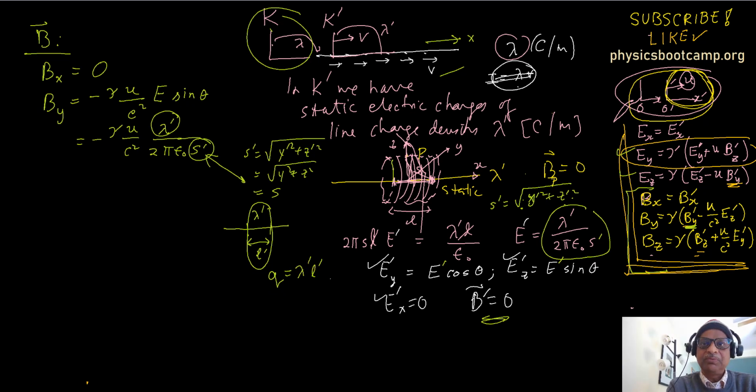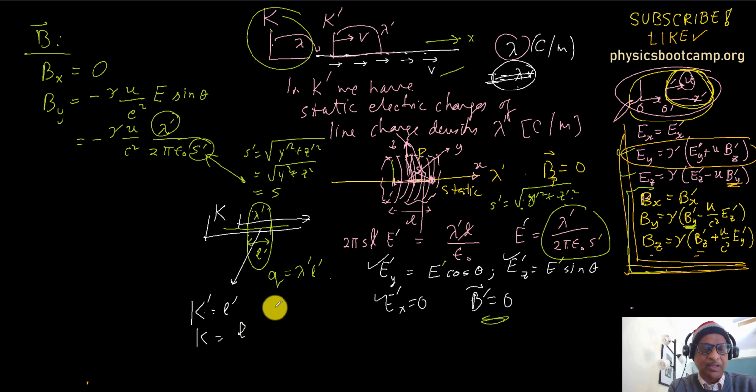Now if I look at the same thing, L prime, now if this wire is moving, then in the K prime frame it is L prime, but in K it is L, and L is actually L prime over gamma. Length shrinks, right? Moving thing will shrink, gamma. And in K it is lambda.